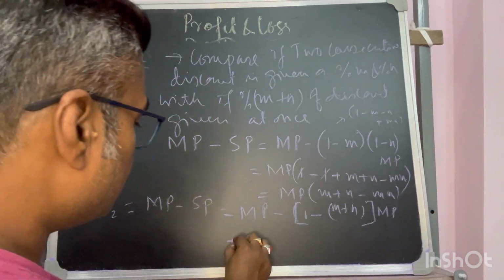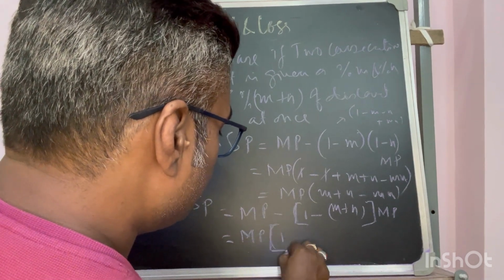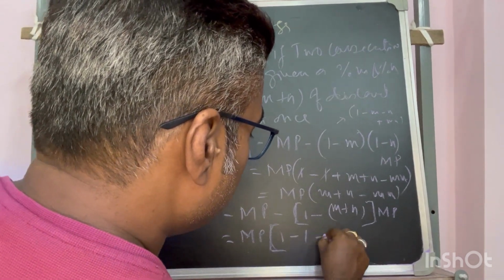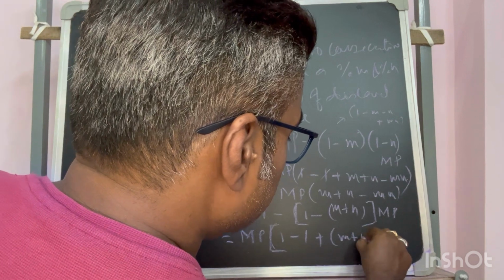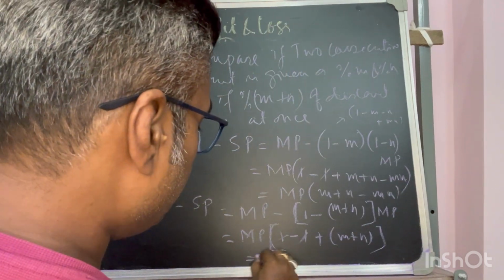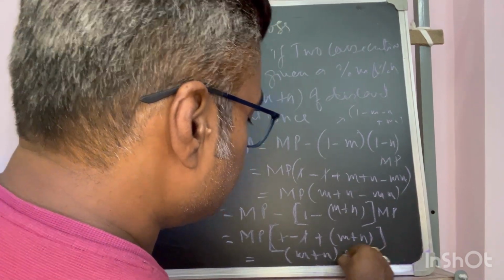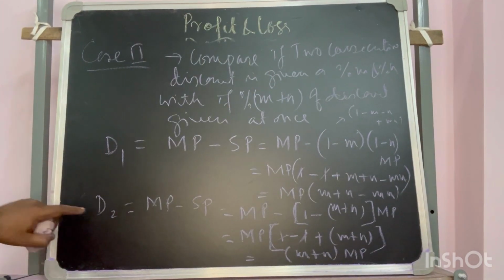If I take MP common, in bracket 1 minus 1 plus M plus N, the 1 will cancel out. Ultimately I will get M plus N into MP. So this is D1, D2.